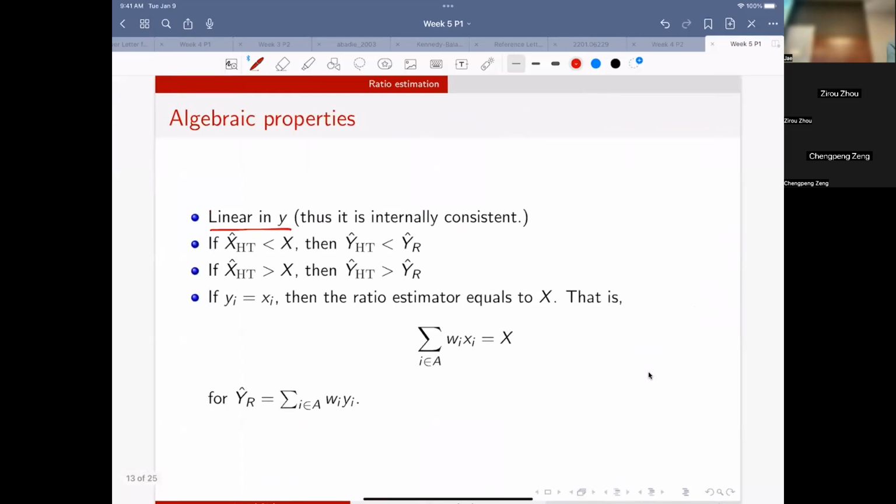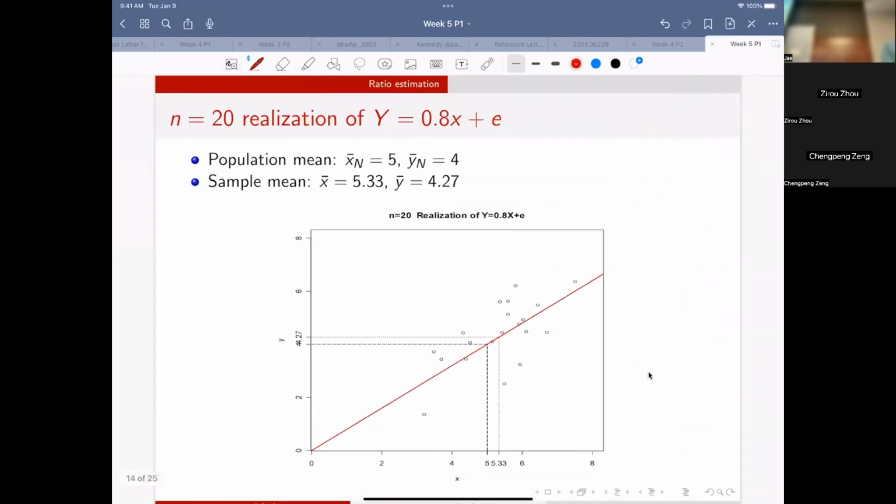What do I mean by that? Okay, let me use this example. Suppose this is a small data set, sample size 20 from this distribution. X and Y are roughly linearly correlated.